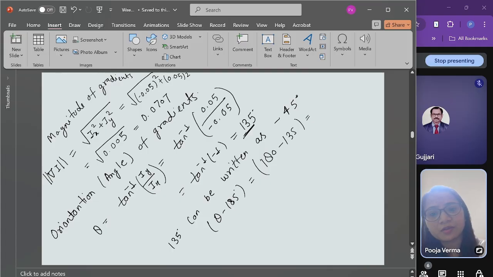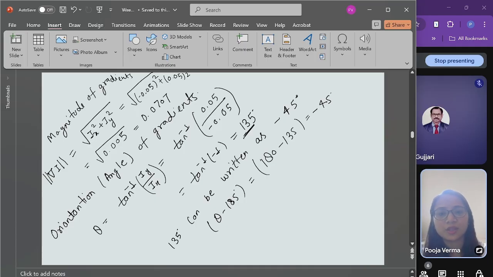You can just calculate normally as 135 and also represent it as minus 45 degree. So the magnitude of the gradient is 0.0707, and the orientation or angle is minus 45 or 135.